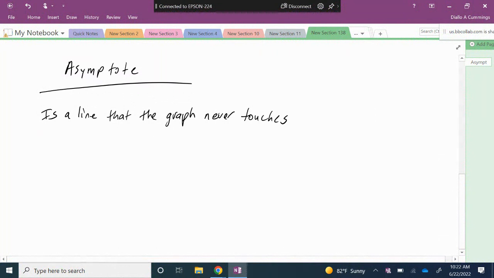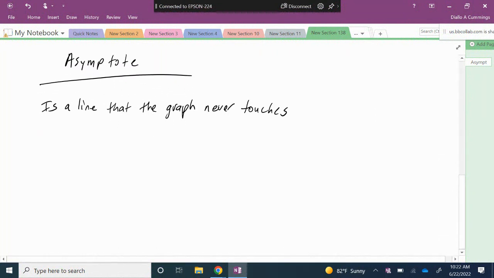So here is an example of a horizontal asymptote. Horizontal asymptotes are basically imaginary horizontal lines.